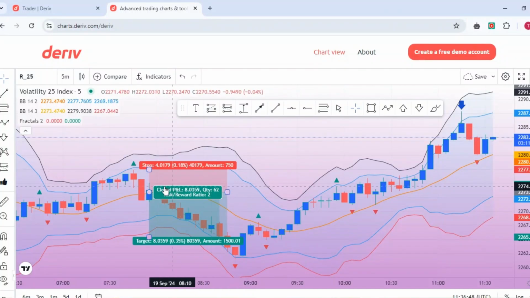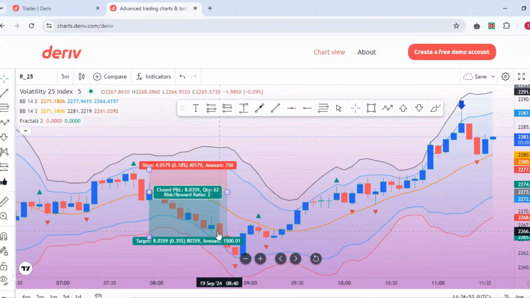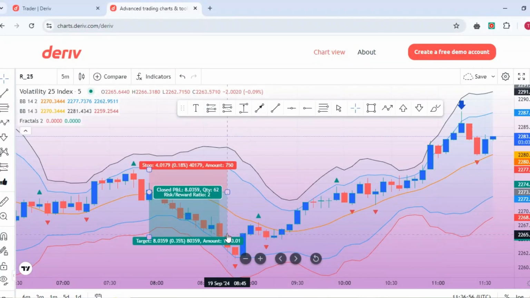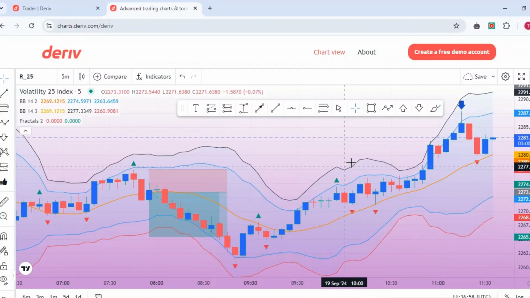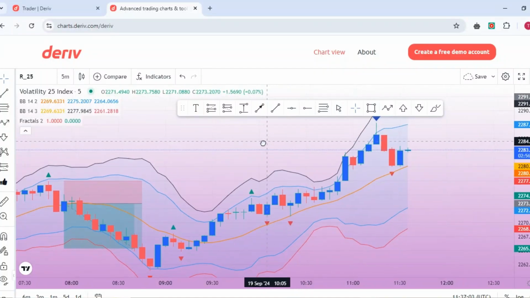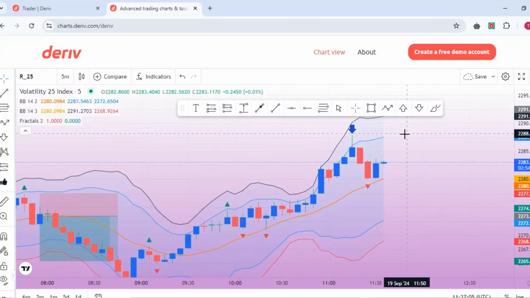And you see, a swing trader would have come and hit the take profit very early, before the market reached here and reversed. And with that, I hope you have understood the concept.